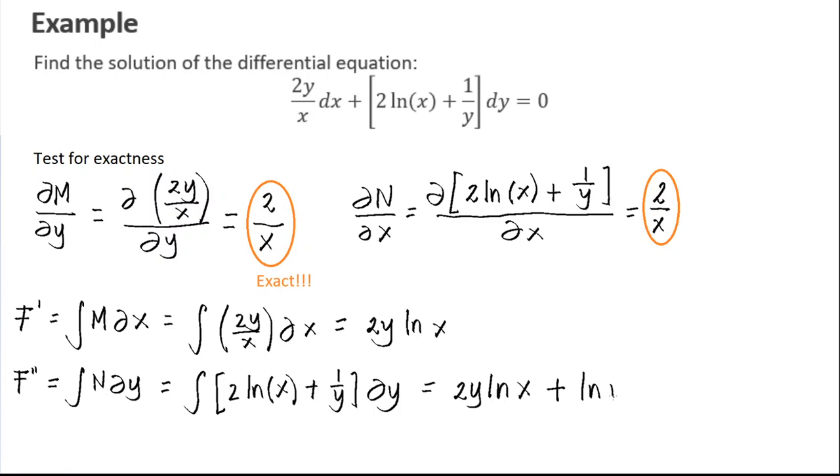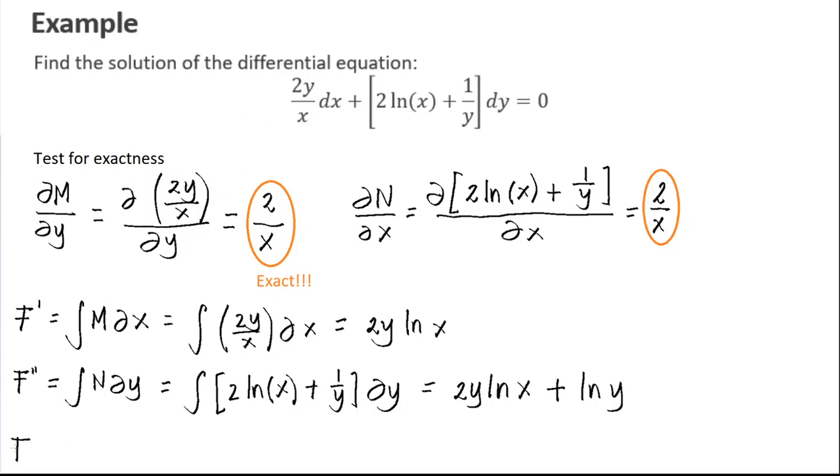That is also ln y. Now, as you can see, as what I've told you a while ago, there are lots of times when you will have the same terms solved after you solve for f prime and f prime prime. So as you can see, we have here similar terms, or the same exact terms. Correction, exact terms.